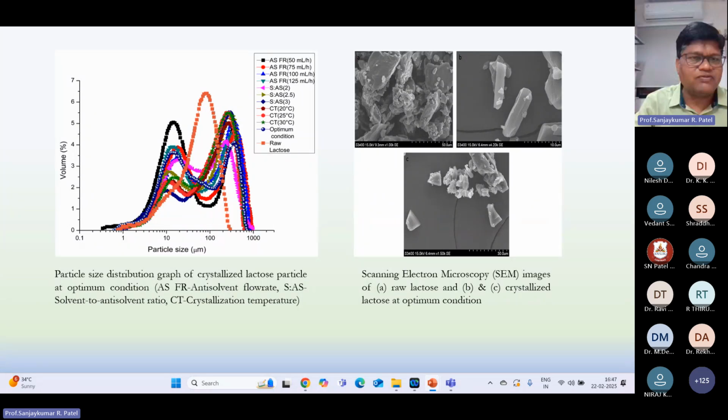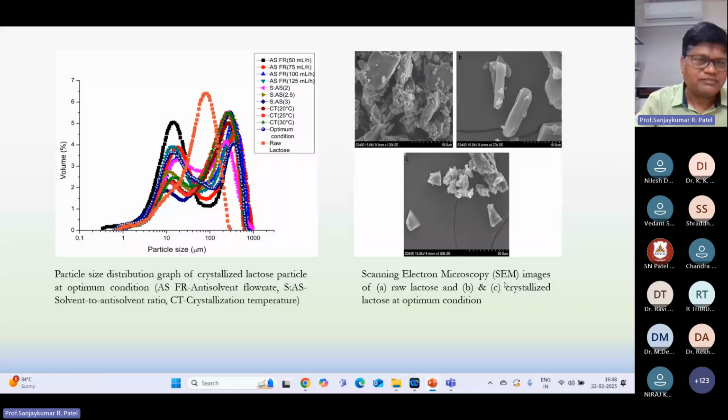So we have an uneven size distribution that we are obtaining in this case. So there are drawbacks, but if we target the morphology, then the morphology is very smooth. We have very smooth crystals that were obtained.